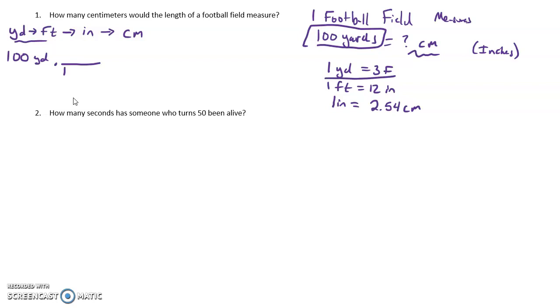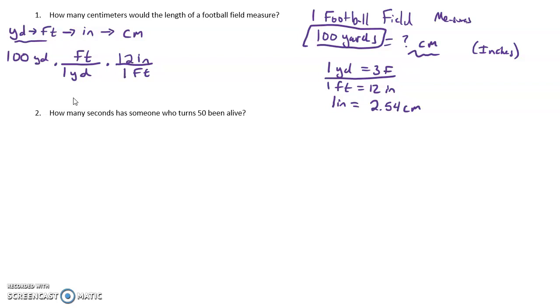I'm going to put what I want to get rid of on the bottom, which is yards, and what I'm provided, which is feet, on top. But then I'm not there yet. I now need to go from feet to inches. Again we want to get rid of feet, so we're going to put feet on the bottom, and inches on top, and we know 1 foot is 12 inches.